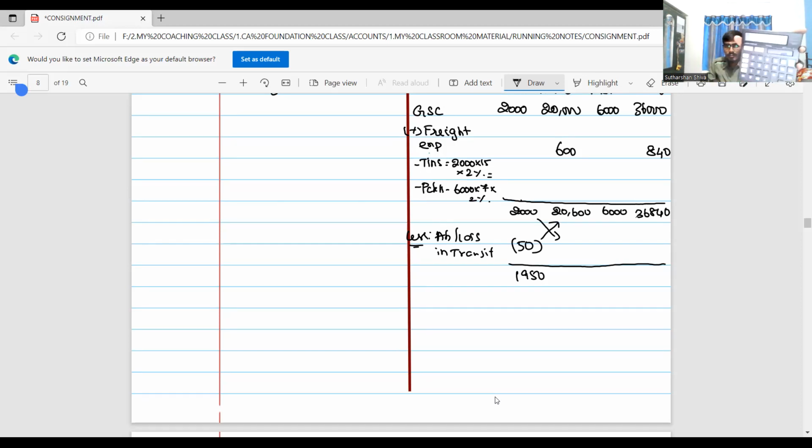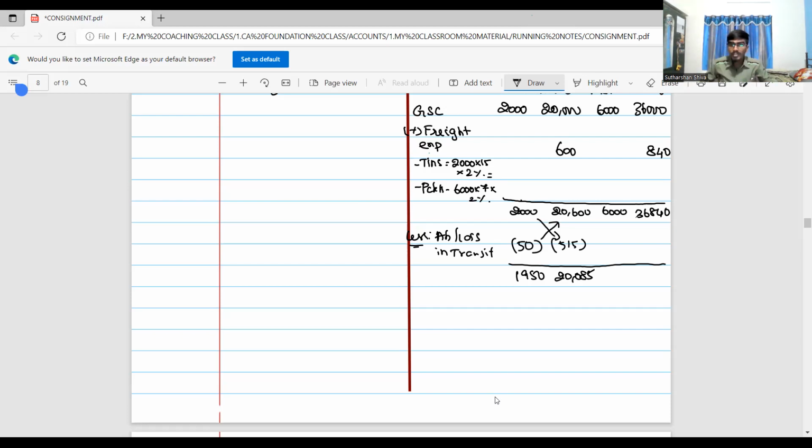You will get 515. For 2,000 tins, the cost is 20,600. For 50 tins, what is the cost? The cost is 515. You minus this, and you will get your answer 20,085 rupees.